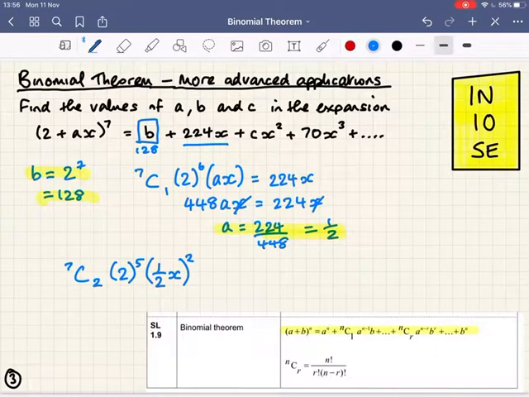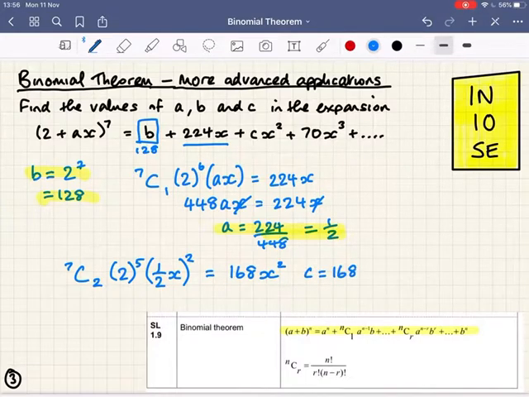If I do the maths, 7C2 times 2 to the power of 5, divided by 2 squared, 4, gives 168x squared. So my value for c here is 168.